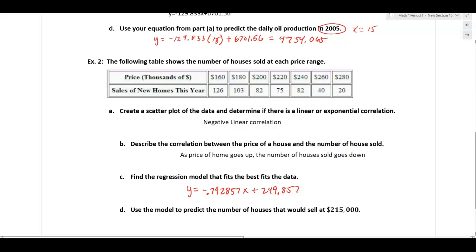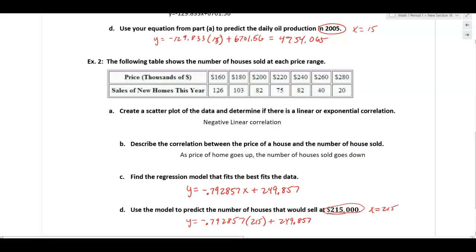If I wanted to predict the number of houses sold at $215,000, what I can say is x would be 215. So y equals negative 0.792857 multiplied by 215, add 249.857.